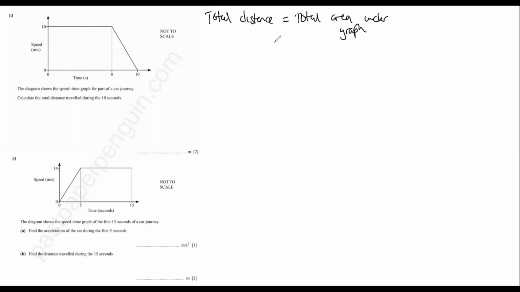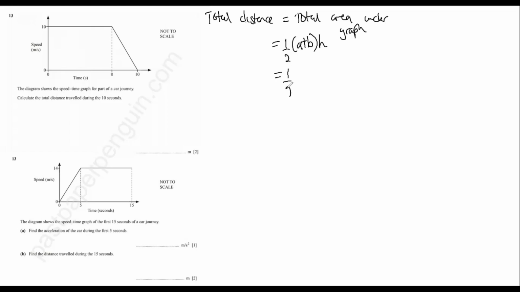Okay, so it's a trapezium, right? What's the formula? It's half times bracket a plus b times h.